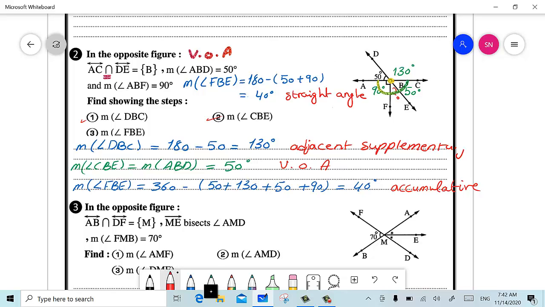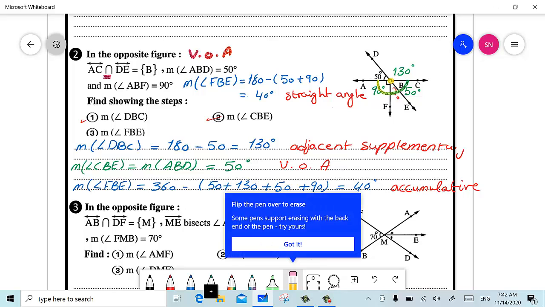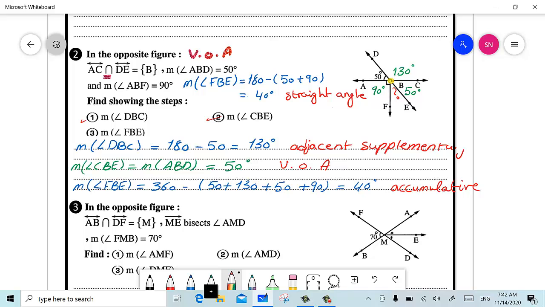Let's go now to see, is there another way to solve this question? Yes. We said before that when he said to me that AC intersects DE, this means that there are vertically opposite angles. Let's again go and mark the line. As you can see, angle CBD, which is equal to 130 degrees, is vertically opposite to angle EBA, which is also going to be equal to 130 degrees.